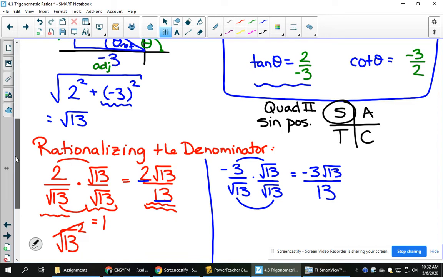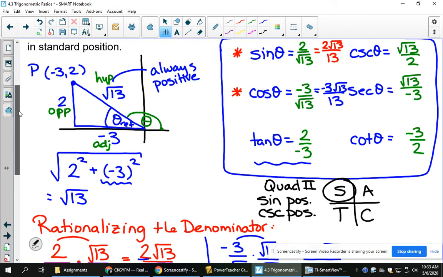So it's telling you sine positive means cos and tan are both negative. Now you can expand this. If sine is positive and cosecant is just the reciprocal of sine, then cosecant is also positive. Every other trig ratio should be negative.